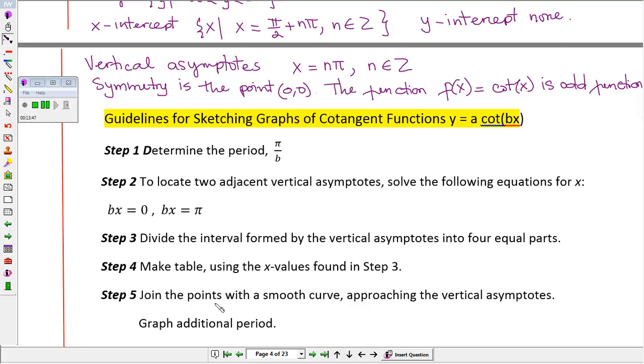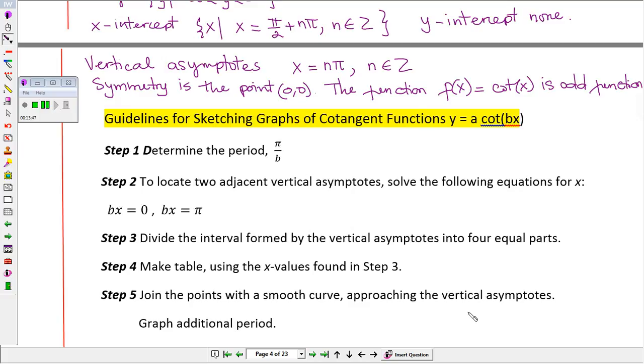We make a table from step 3, and then in step 5 we just go ahead and connect the points with a smooth curve and make sure that our graph stays inside the two vertical asymptotes.